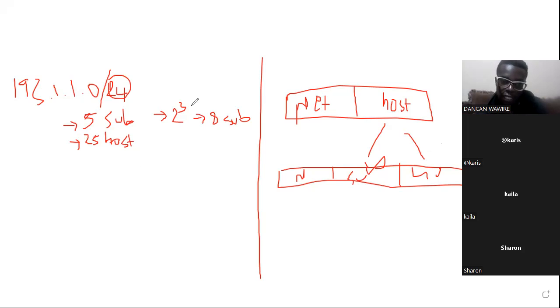And in the last octet, I'm saying that 3 bits are going to represent my subnet. Why 3 bits? Because 2 to the power 3 ndio itatupatia subnet tunataka. So hiyo ni in short ni kusema tu the 3 bits are going to be used for what we call subnet number.